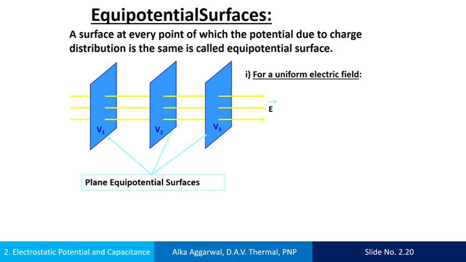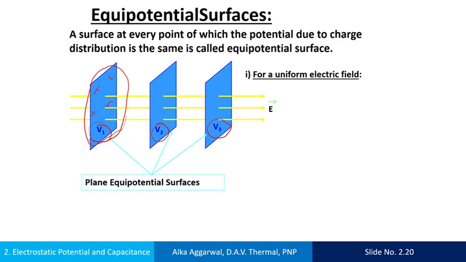Now see, the potential of all the equipotential surfaces is different. It means the potential of different equipotential surfaces is not the same. But on the same equipotential surface, at every point the potential is the same. If we choose a point here, here, here on this surface, then on all these points the potential is the same.